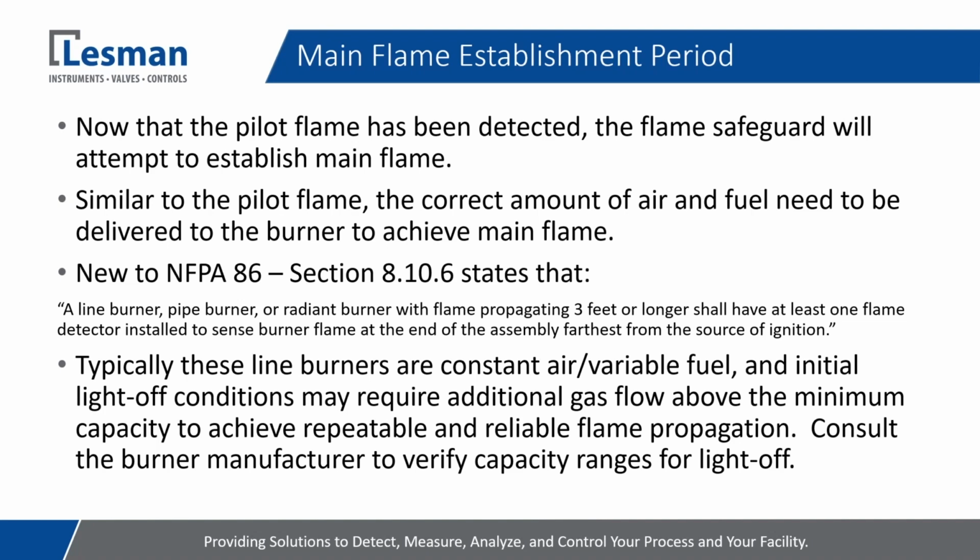And usually with these duct burners and line burners, it's safe to light off at, let's say, 20, 30, 40% without causing any kind of issues. So if you want reliable, repeatable performance, but you also don't want to take away from the thermal turn down of the burner, you may want to consider setting your light off position a little bit higher than low fire. And once the burner safely lights off and you verify flame has occurred across the length of the burner, you can then bring it back down to low fire again.